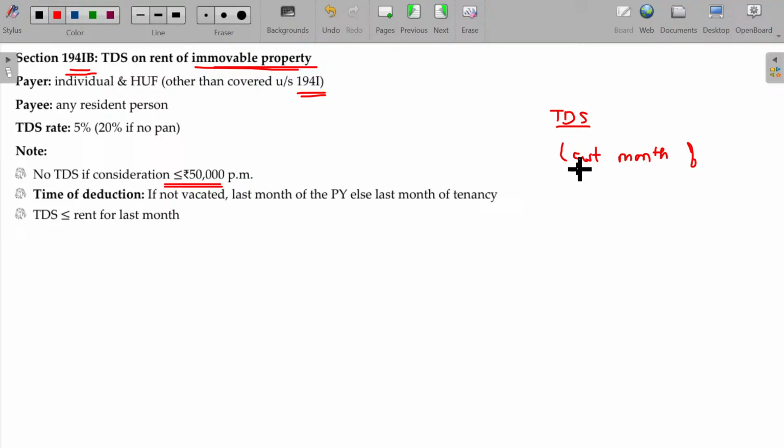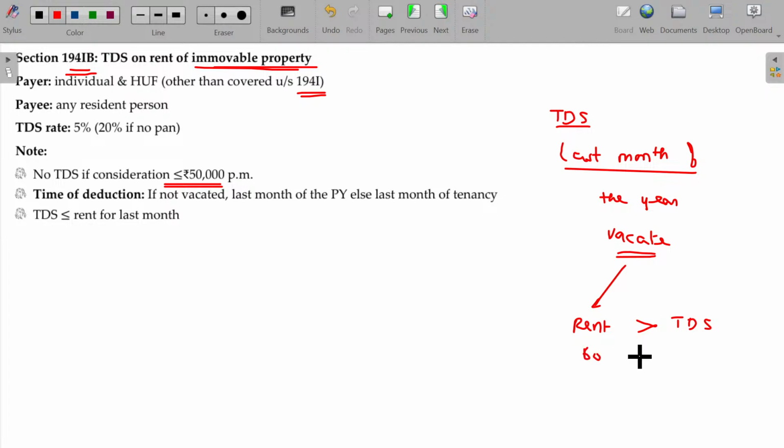Last month of the year or last month of vacating. But if the rent for the last month is more than TDS, no problem. Rent being 60,000, TDS being 40,000, you can subtract and the balance 20,000 you can pay.